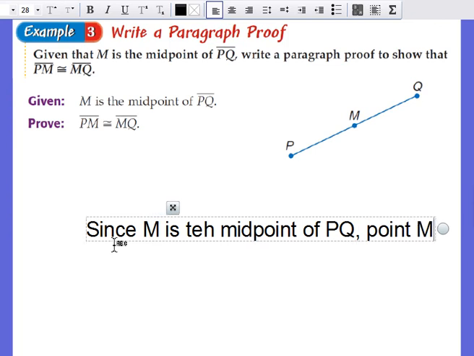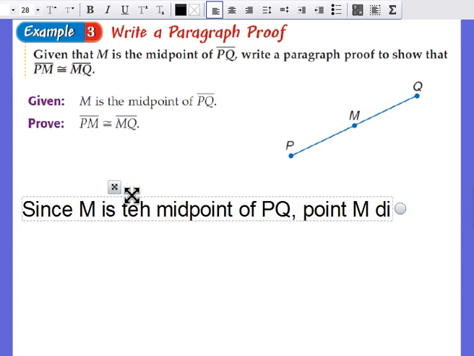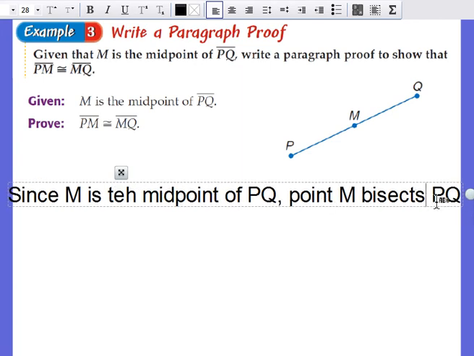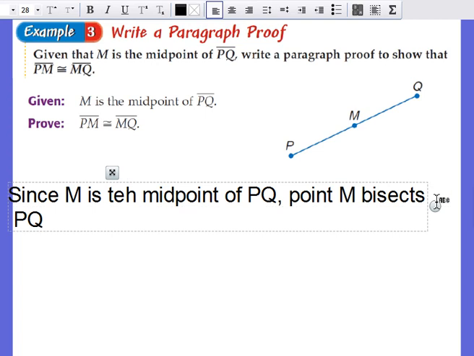Here I'm going to put, since, to make it easier, point M bisects PQ. Again, there should be a symbol, but if you're writing this on paper, you should put the symbol for the segment, which is just a bar on top. Then we can put here that PM is equal to MQ.